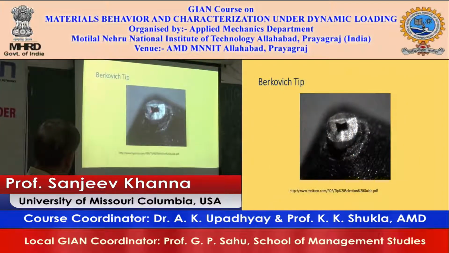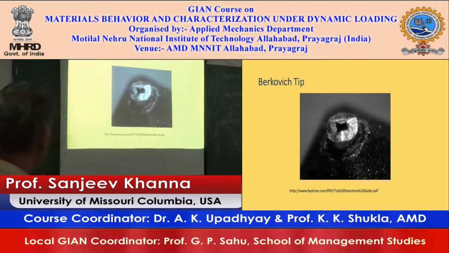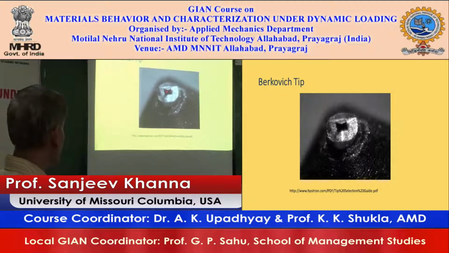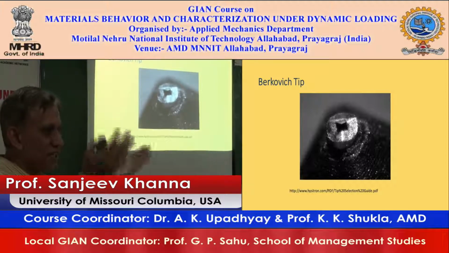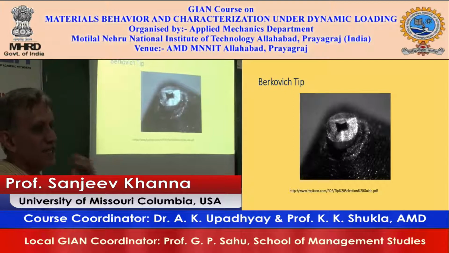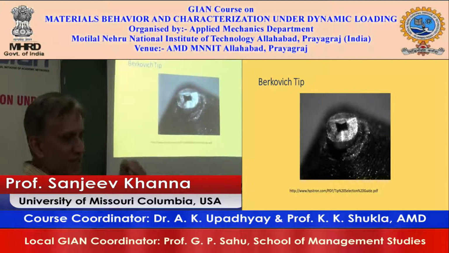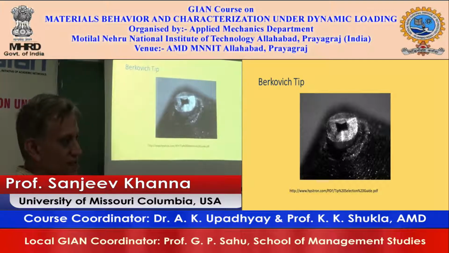It's a three-sided Berkovich tip. It's kind of hard to see, but this is how it looks like. This tip has very sharp edges, so they cleave the diamond in 3 planes, and they get a tip radius of 20 nanometers.